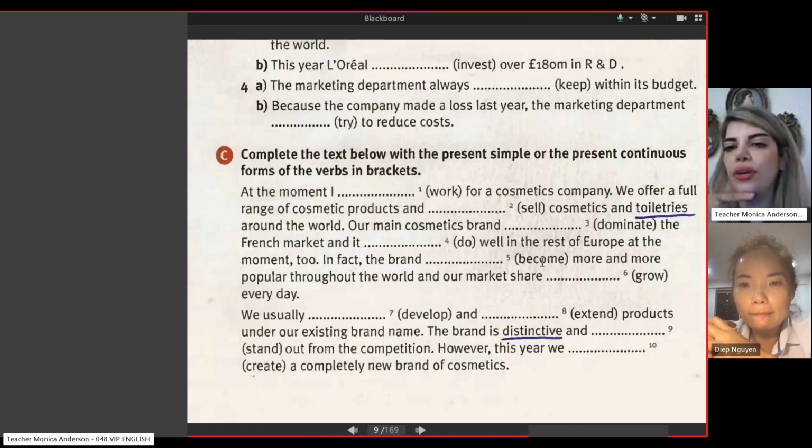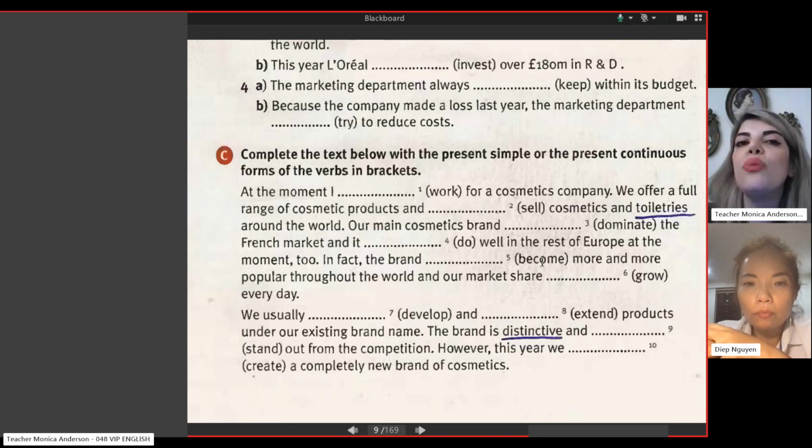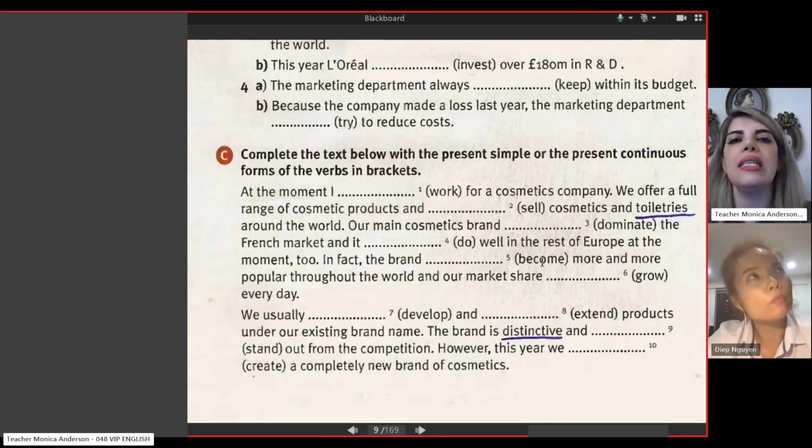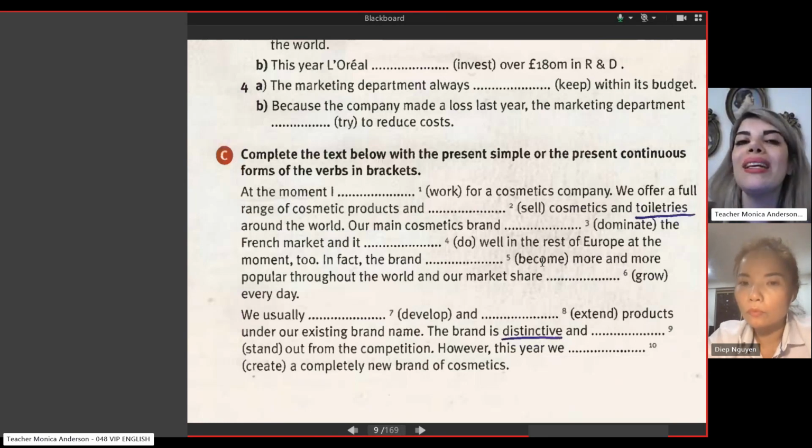Let me interrupt you here. When we are talking about an action that is taking place in present time, but we don't mention the exact time, for example we don't say today, this year, at the moment, we normally consider it as present simple.